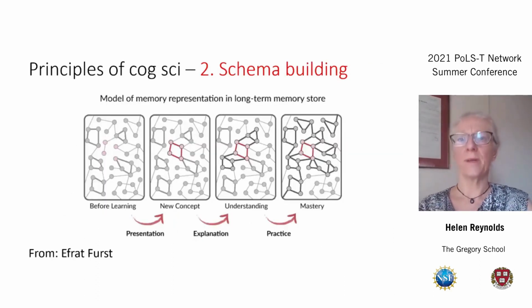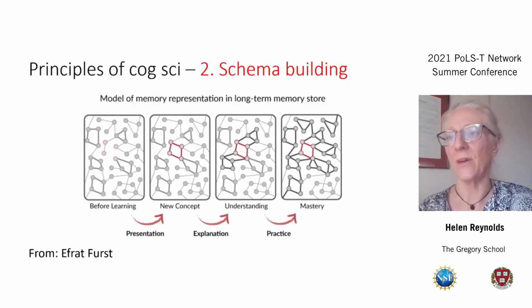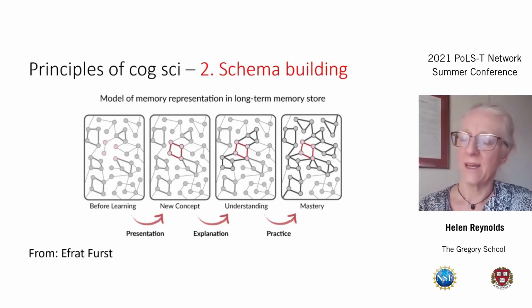So number 2 is schema building. EFRAP first, again, link at the end, produced this phenomenally useful graphic about our movement from a novice to an expert schema. So we are in the schema building business. A novice doesn't have much in terms of the nodes, the concepts, or the connections between them.